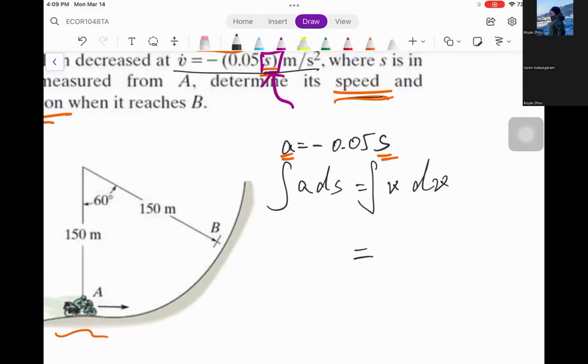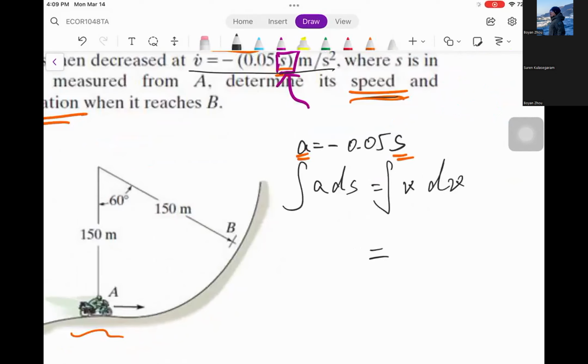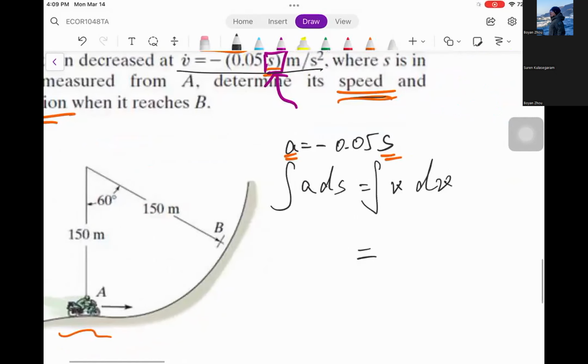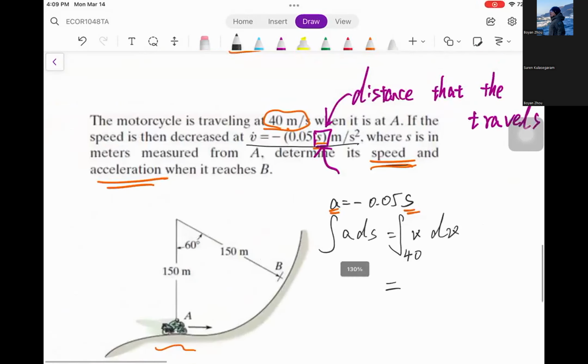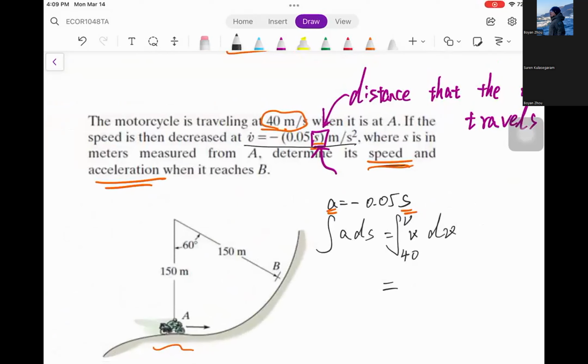On the right-hand side, we are solving from 40 to the velocity that we're looking for, because 40 here is the initial velocity.